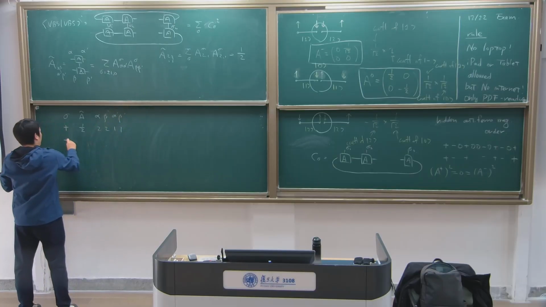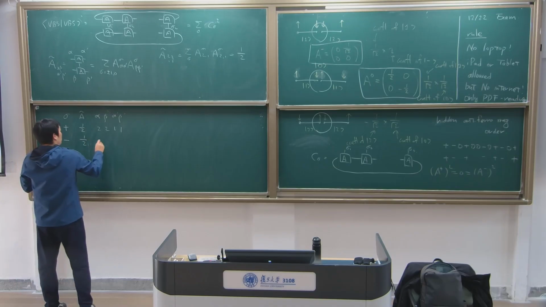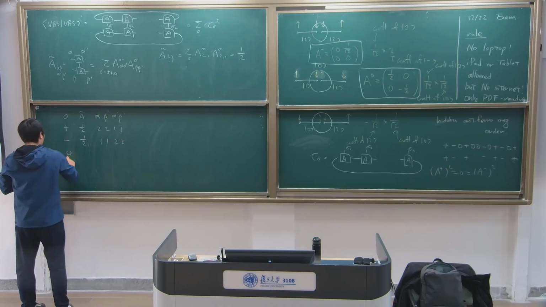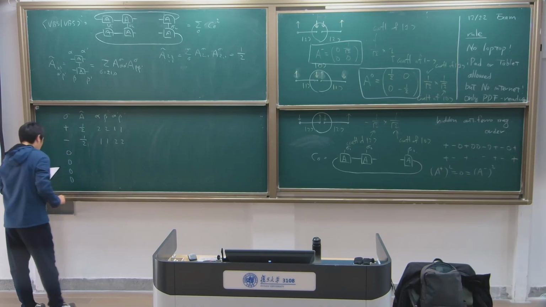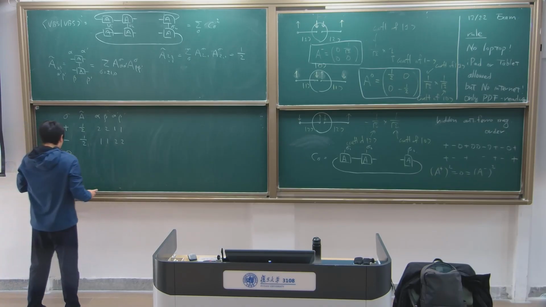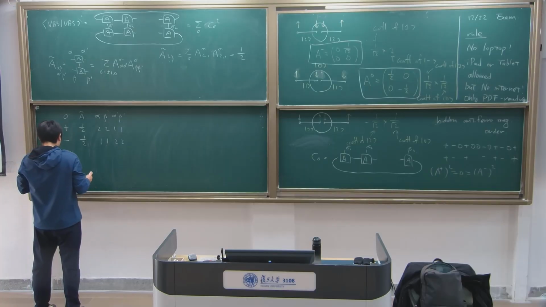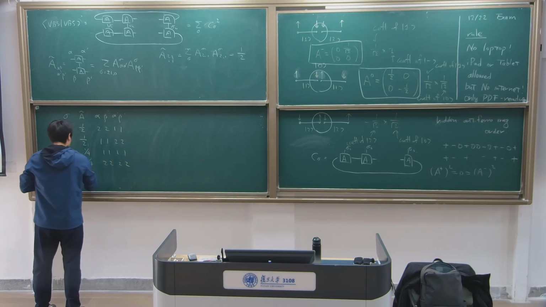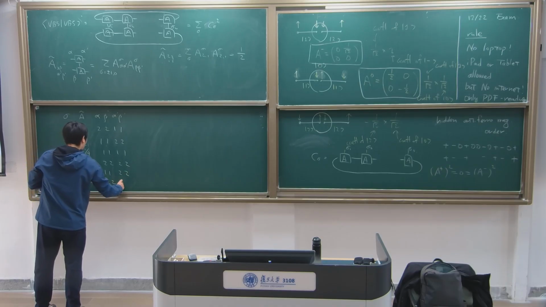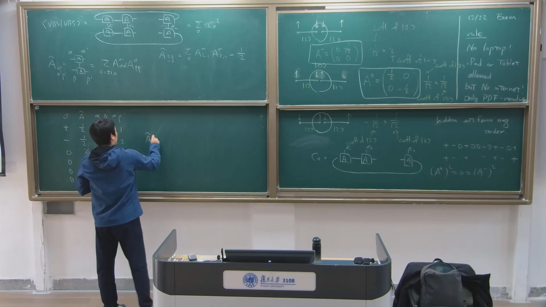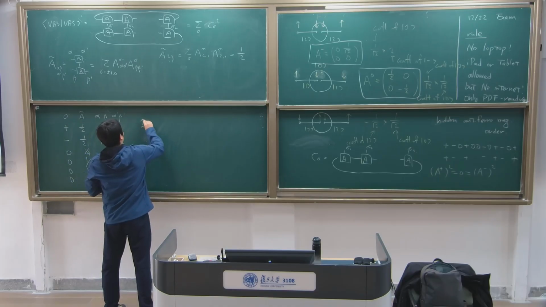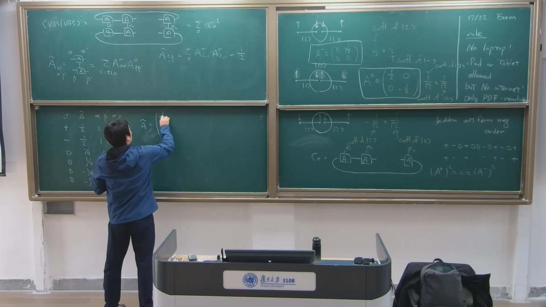Minus contributes 1 half, and this is 1, 1, 2, 2. Okay? And the other is coming from 0, the 4 components. So then you have 1, 1, 1, 1, 4, 4, 2, 2, 3, 3, minus 1 fourth of 1, 1, 2, 2, minus 1 fourth of 2, 2, 1, 1. And if you write down this matrix, tilde, you can just have the following matrix.